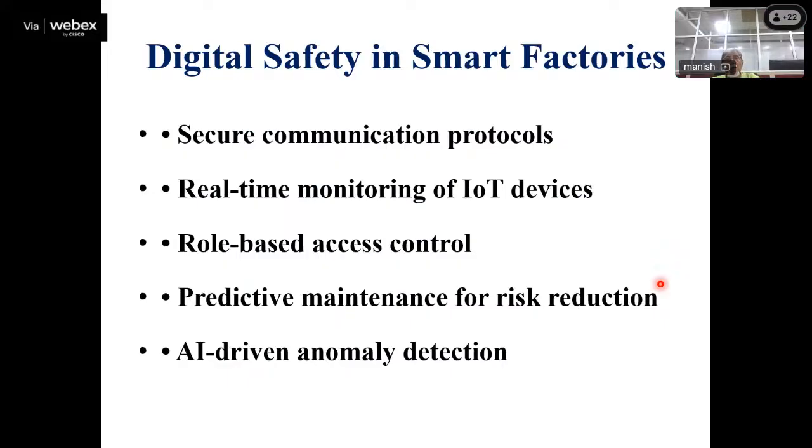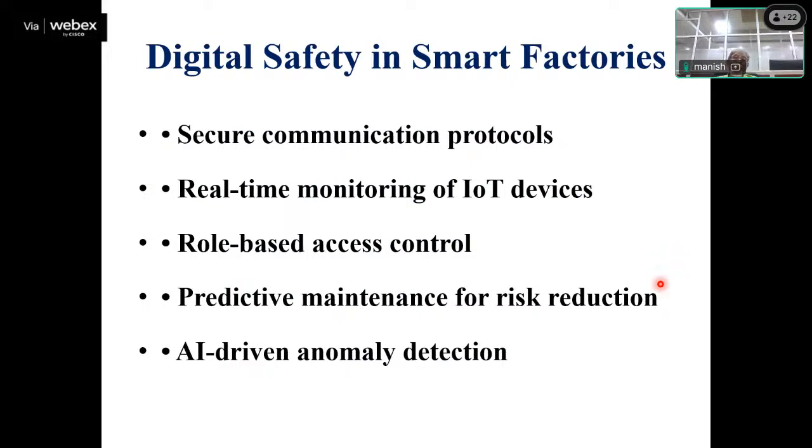Then the real-time monitoring of IoT devices. IoT devices can also be compromised. Therefore, there has to be some supervising device that will monitor the IoT device. That means some kind of feedback monitoring system can be there. So this is the other thing.